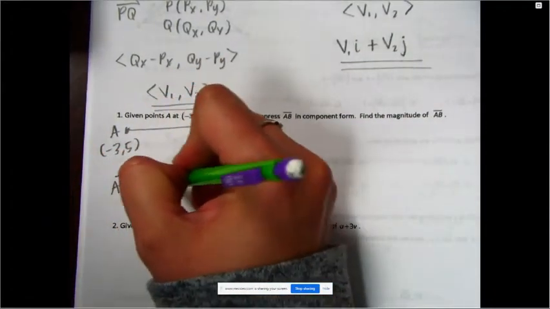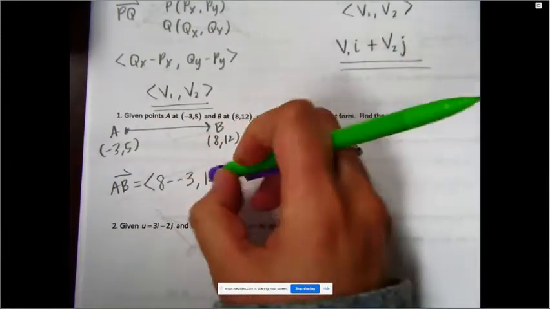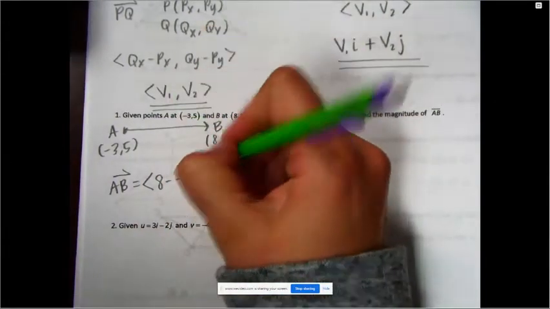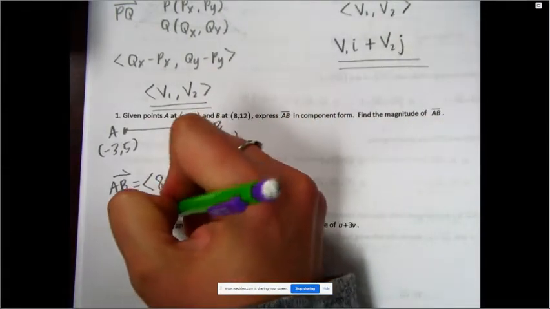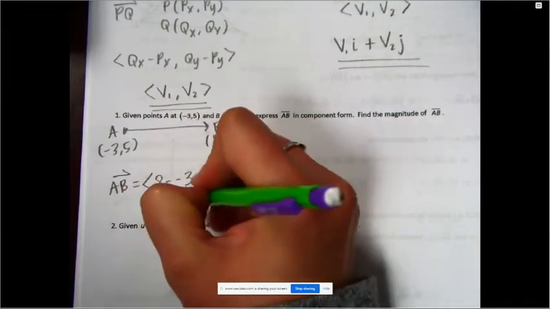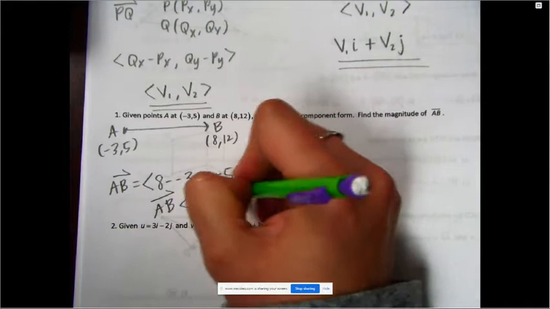So I'm going to do 8 minus a -3 and 12 minus 5. Go ahead and subtract those. So 8 plus 3 is 11, 12 minus 5 is 7.